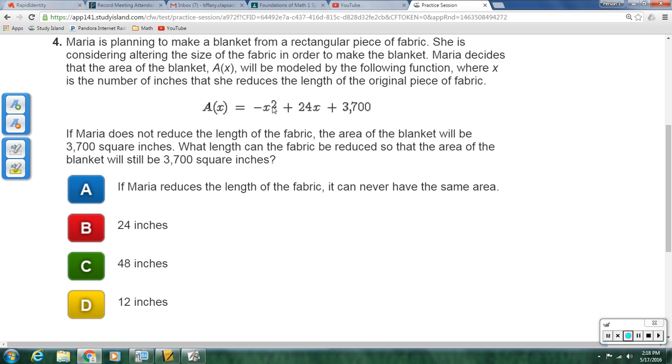And it says, if she does not reduce the length of the fabric, the area of the blanket will be 3,700 square inches. What length can the fabric be reduced so that the area of the blanket will still be 3,700 square inches? So you're telling me that if I reduce it, but my area is gonna be the same. You say? Try eight, Paul.